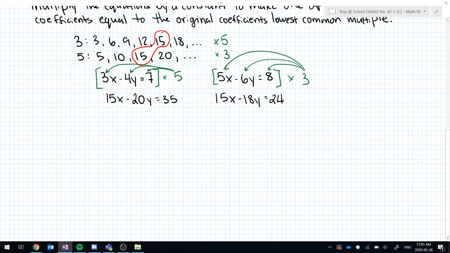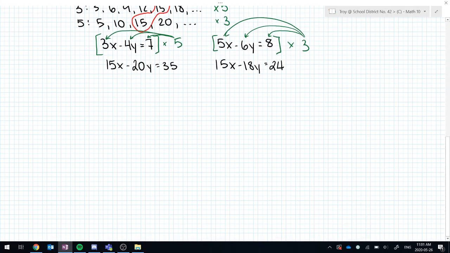So now all we need to do is use the method from the previous question in order to solve it, because now we're at that point, right? So I'll stack these up. 15x minus 20y equals 35, and 15x minus 18y equals 24.